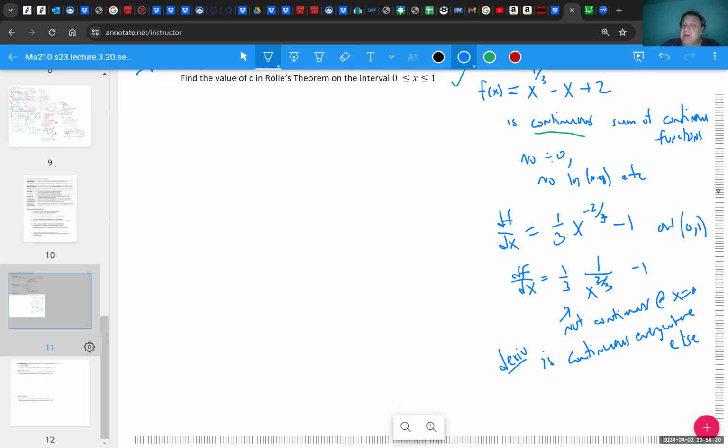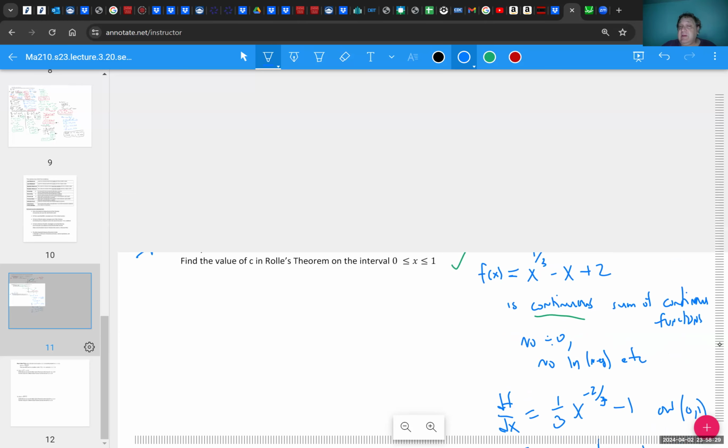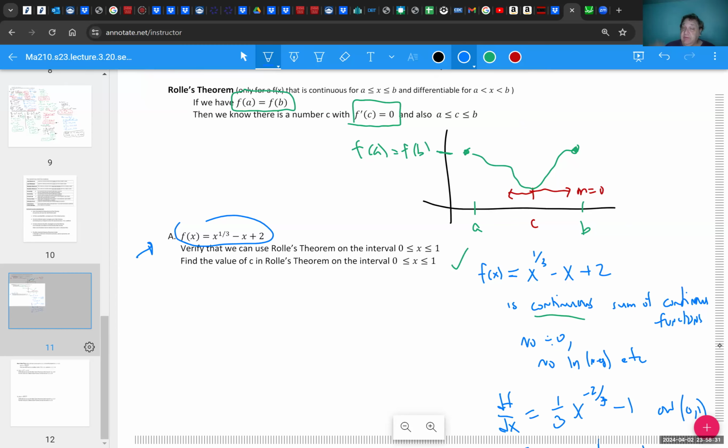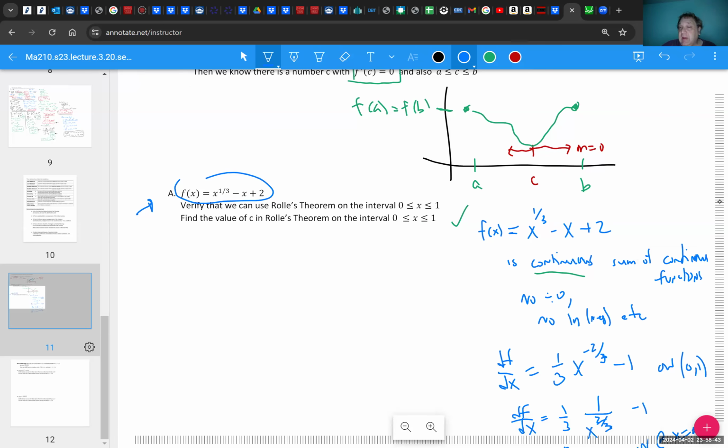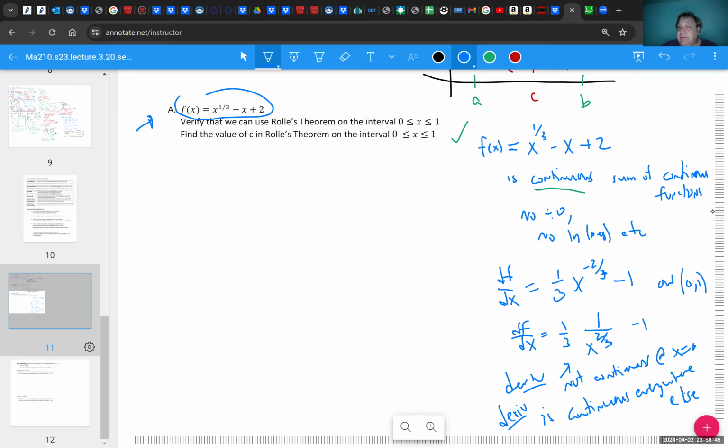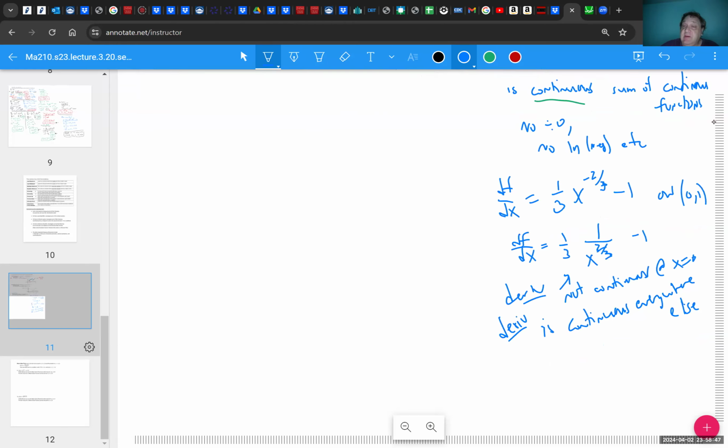The derivative is not continuous at 0. But remember that we only need it continuous on the interval from 0 to 1, and it doesn't even need to include the endpoints. It just needs to be differentiable between a and b. We didn't even care about the endpoints. So is this function differentiable between 0 and 1, and we didn't even care about 0 and 1? And the answer is yes, it's continuous everywhere else.